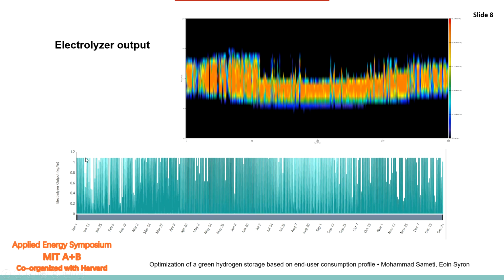So based on those graphs, we can say that the electrolyzer is not, for example, designed oversized or undersized, because it was used at its highest capacity in some periods, but not in other periods. And at least half of the time, it was working at half capacity or more.